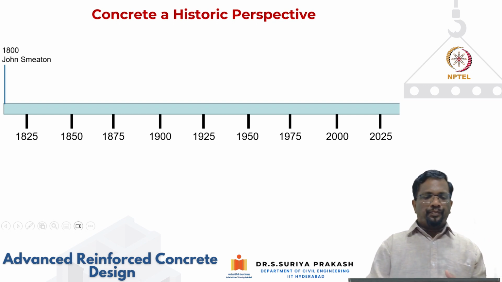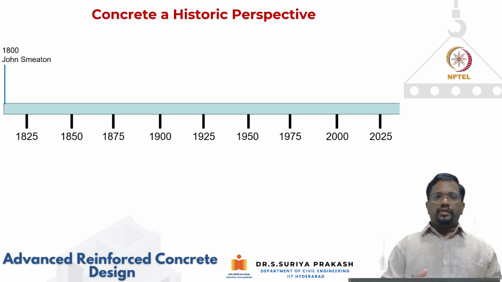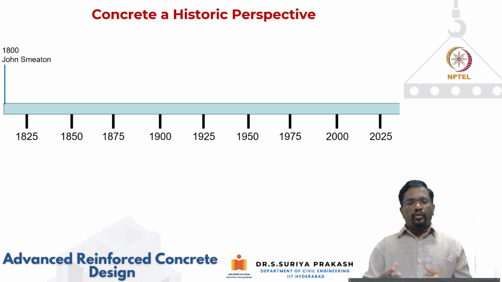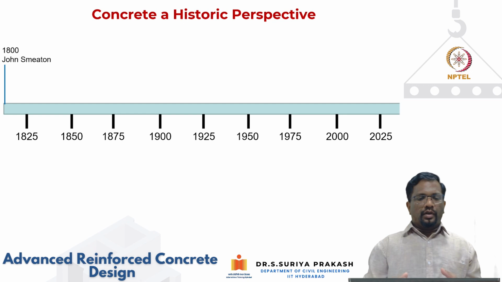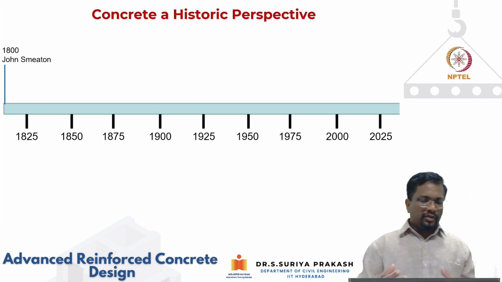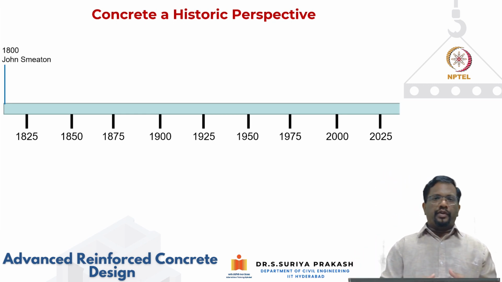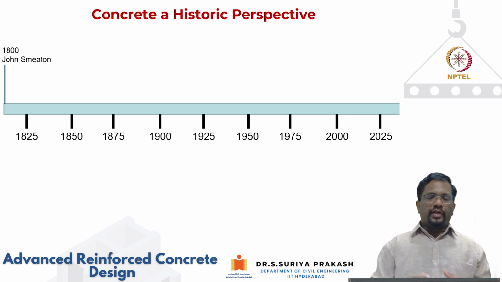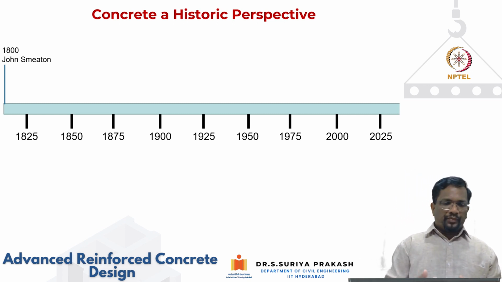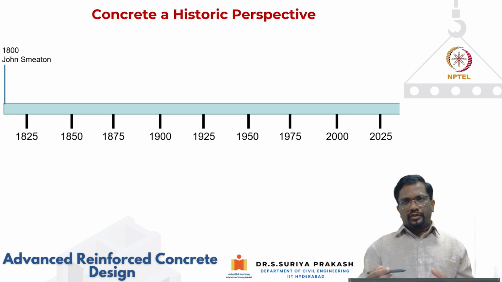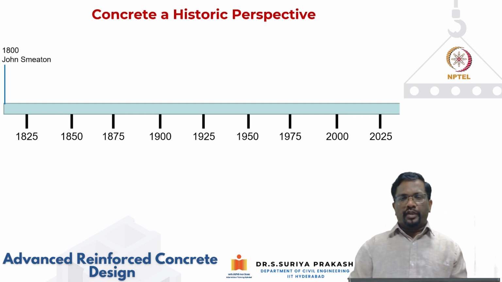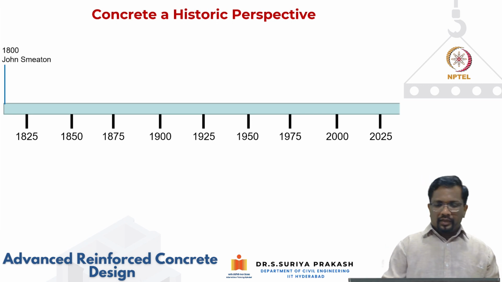John Smeaton, a British engineer, in 1800 found that when he mixed lime and clay, he could make cement with very good binding capacity, and it was also not dissolvable in water. He was exploring this for constructing lighthouses, and in fact he did construct some lighthouses using this material.